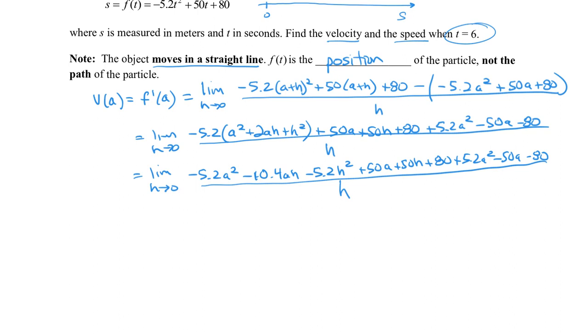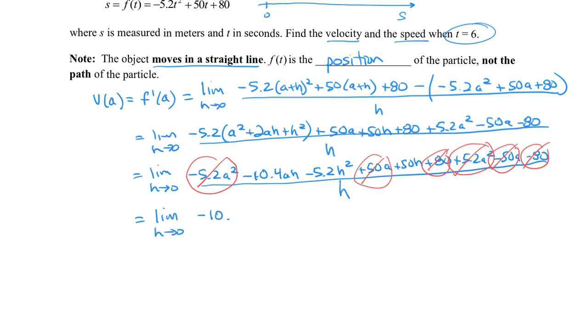So let's see, we've got negative 5.2 a squared, 5.2 a squared. We've got plus 50a minus 50a. And we've got plus 80 minus 80. Okay, and I think everything else has an h, which is good, right? That's what we want, because then we can finally cancel that h out.